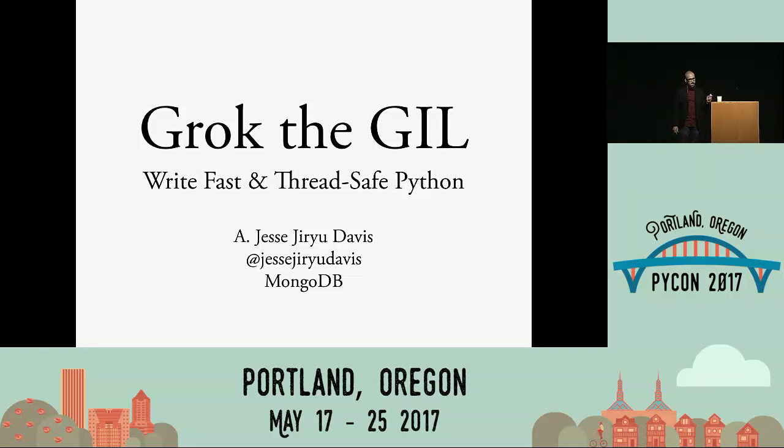I'd been programming Python for a number of years and kind of thought that I understood how multitasking worked. I understood how it worked in Java and C, and I kind of lazily expected that the same principles were applicable to Python. I didn't really understand how multi-threading worked in Python particularly until I started working for MongoDB.